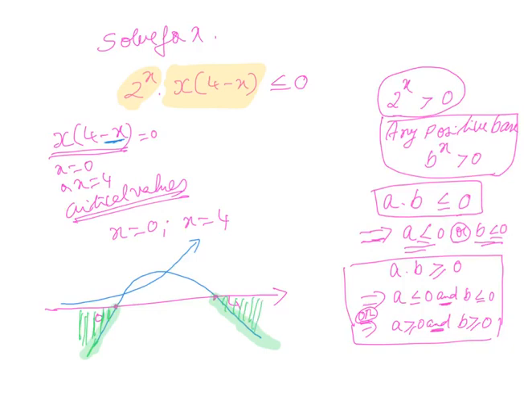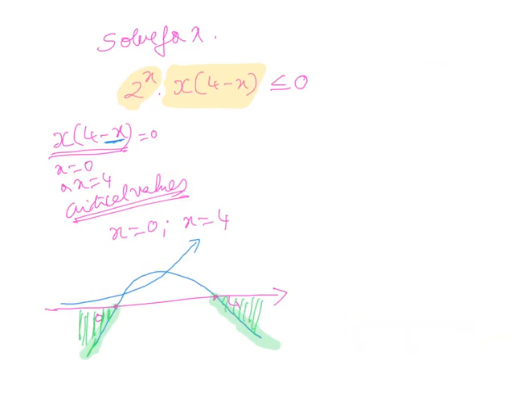So now I can draw another number line. Can I remove these earlier ones so that it becomes easy for me? Now I'm going to draw a number line here that will say this is my x-axis, and I have got this 0 and this is my 4. As you can see, on the left-hand side of 0 or the right-hand side of 4, and is equal to, therefore they are inclusive.